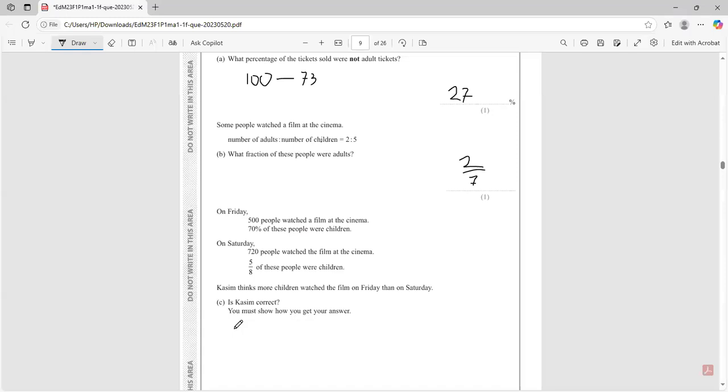Okay, so let's assume we don't know if Kasim is correct or not. Let's get the evaluation. Remember, we're interested in children. So if they're telling us 70% of these people were children, that means I have to work out first for Friday. I'm not going to write Friday in full, but let's just have it on record that I'm solving for Friday.